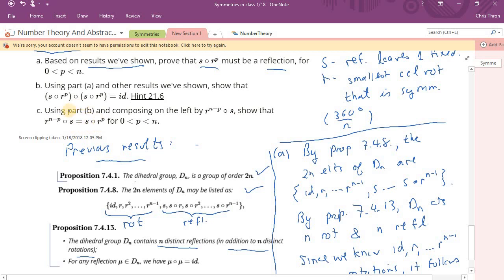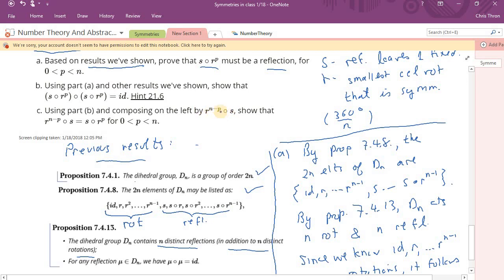So here I should say composing on the left by R to the n minus P composed S, show that R to the n minus P composed S equals S composed R to the P. So here it says, let me read this again. Using part B and composing on the left by R to the n minus P composed S, show the following. So what does this mean, composing on the left by R to the n minus P composed S? That means that you want to apply this on the left-hand side of both sides of this equation. Of course, you can't just do this on one side of the equation. You have to do it on both sides.